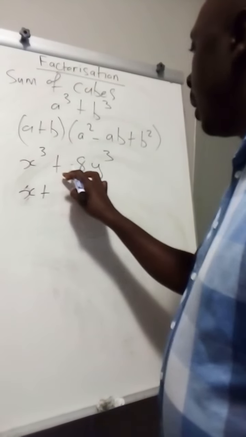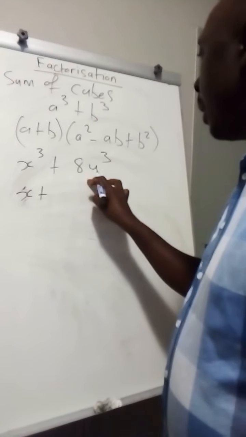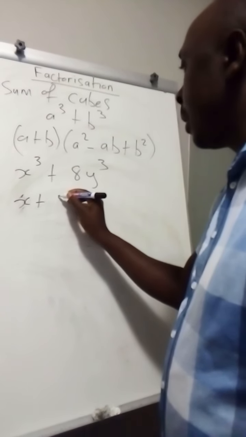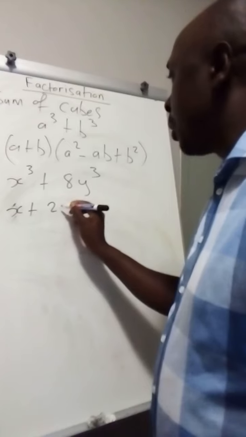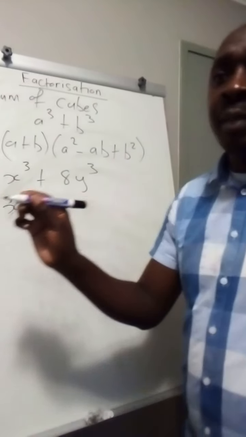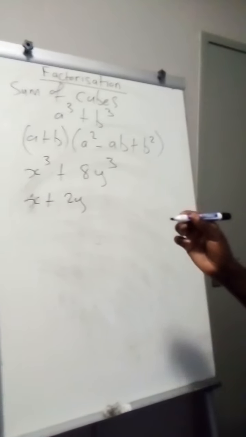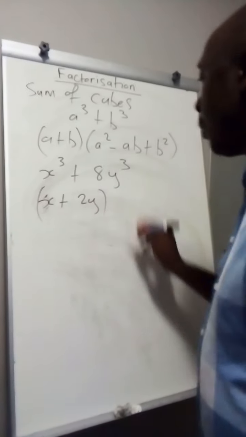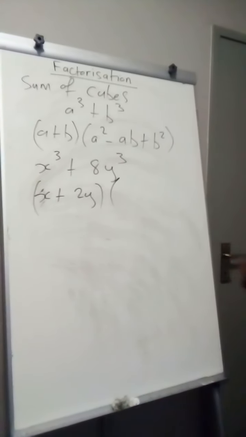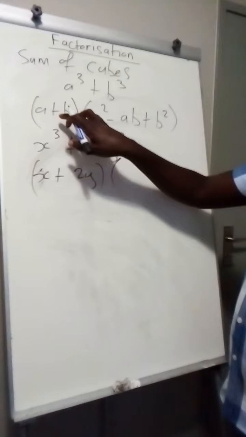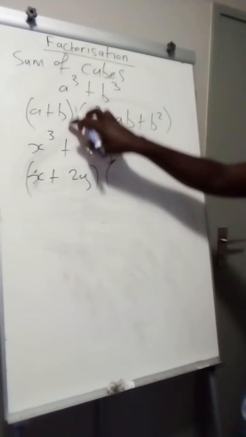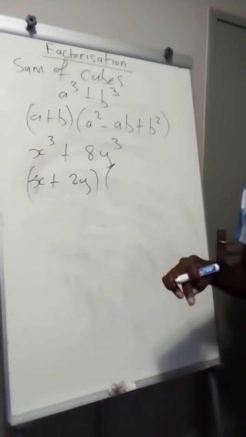So we have x plus 2y outside, because if we multiply these numbers, they will give us back this cubed function.